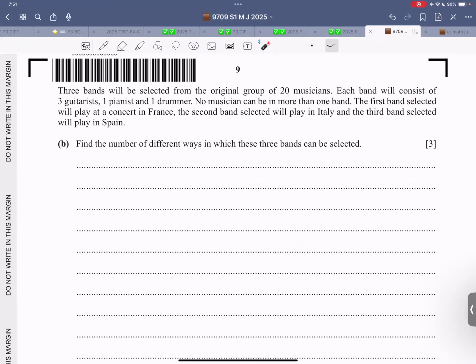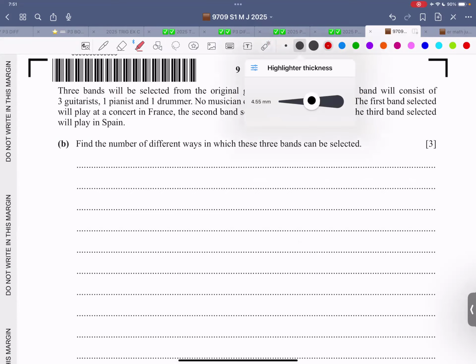Each band will consist of 3 guitarists, 1 pianist, 1 drummer. So let me write that: 3 guitarists, 1 pianist and 1 drummer. Actually 5 people, but 3 categories. No musician can be playing in more than 1 band.